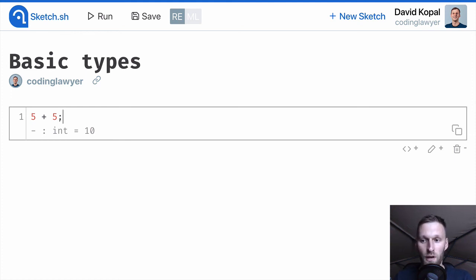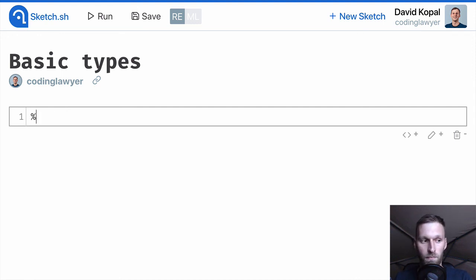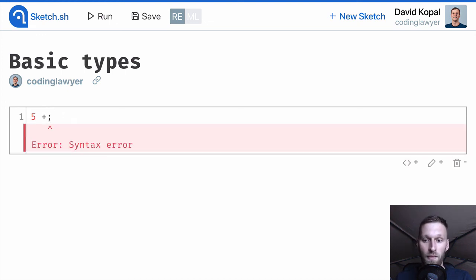However, what if we omit the last integer? This phrase is wrong on a syntactic level, since the second argument of the plus operator is missing, and the compiler answers that this is a syntax error.